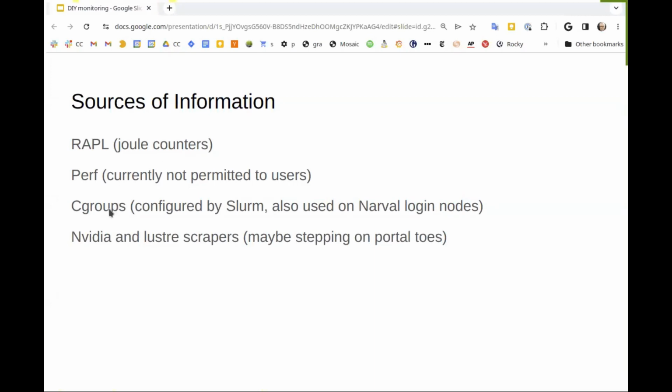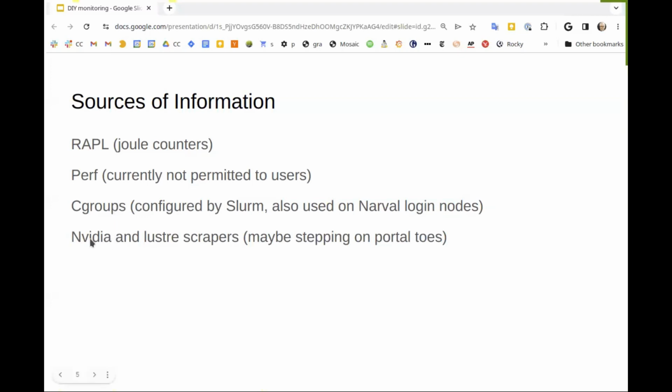Another source of information is C groups. The kernel maintains a lot of accounting on a per process, per C group basis. The C groups are fundamentally the way containers work. And Slurm configures them primarily for resource accounting, but we can use them for those purposes as well.